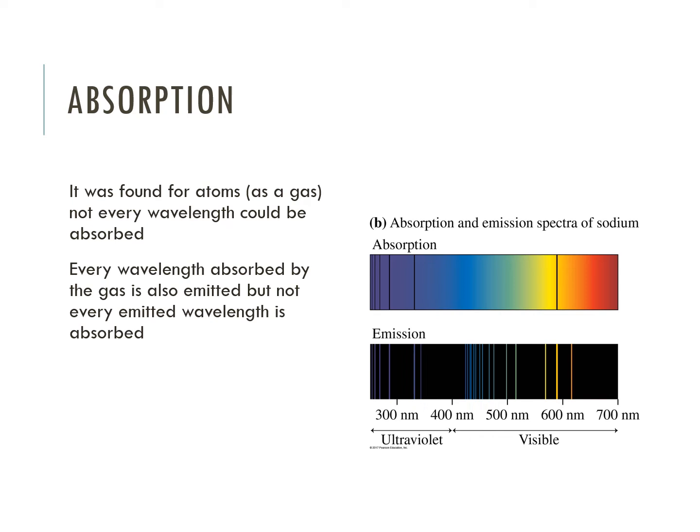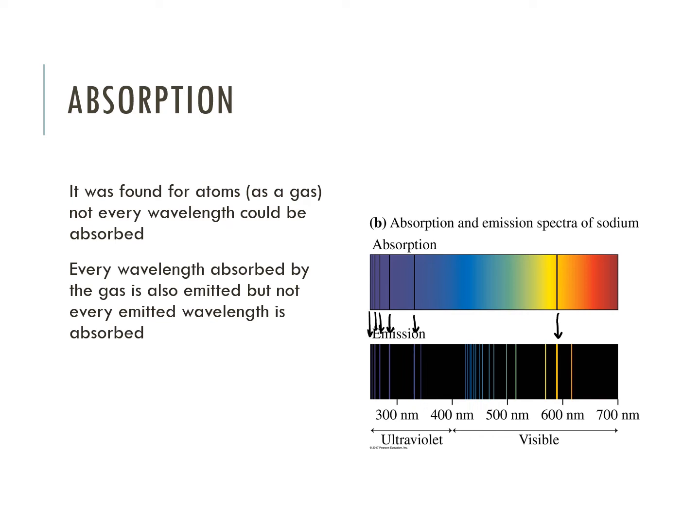If we draw a straight line down, this yellow light in the emission spectrum comes from the absorption spectrum. There's one here. Every single one of these drops down.